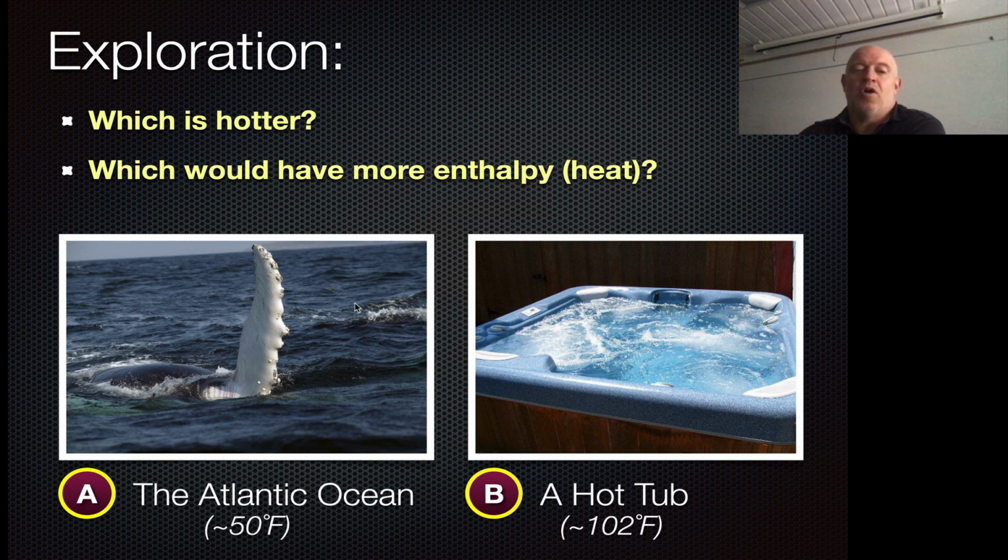If you added up all the energy possible in those oceans, it's way more than the hottest hot tub is going to be. It's colder by temperature, but the actual heat content, or the energy available to be used there, is way higher. And that's actually a good thing, because our oceans help regulate overall temperatures in our environment.